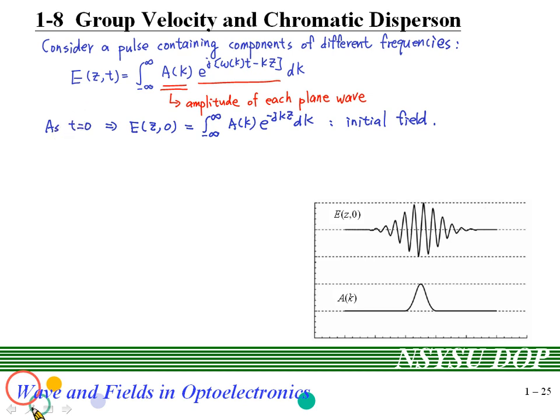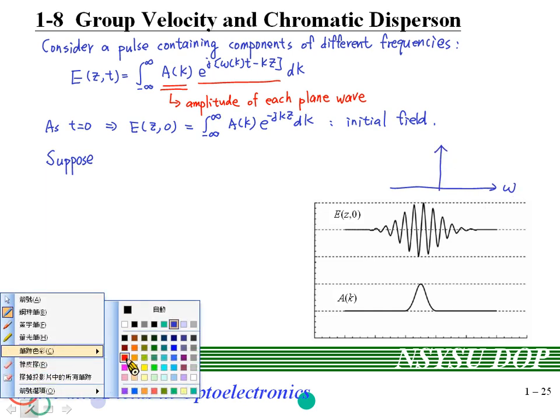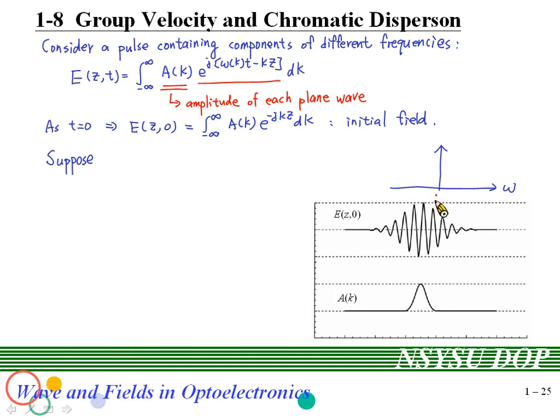And now we suppose that although this pulse contains different frequencies, if we consider the frequency distribution of this pulse, most of the frequencies are focused at omega 0. So the frequency curve will be plotted like this.